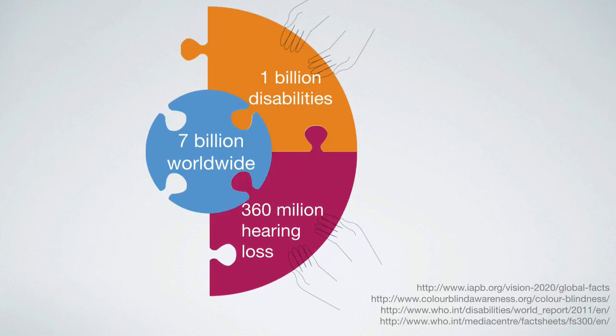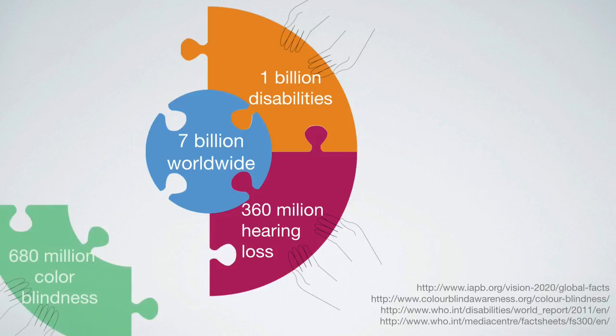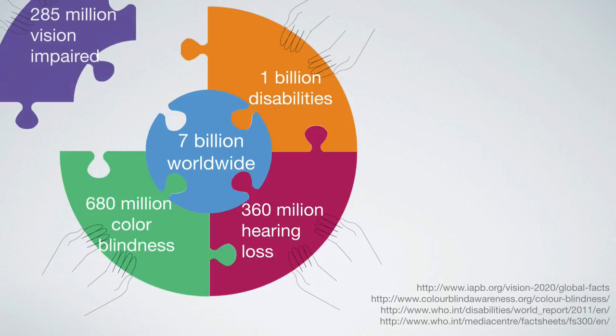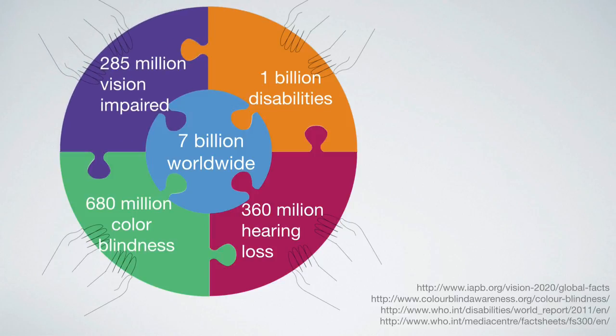360 million people deal with hearing loss. 680 million people suffer with color blindness. And finally, 285 million people suffer with vision impairment. The point here is to show you that these people are really in need of accessibility content.